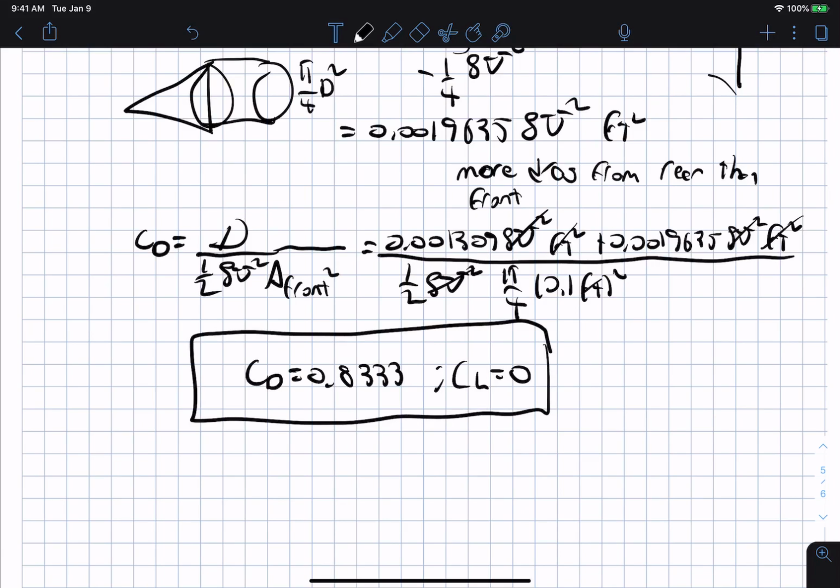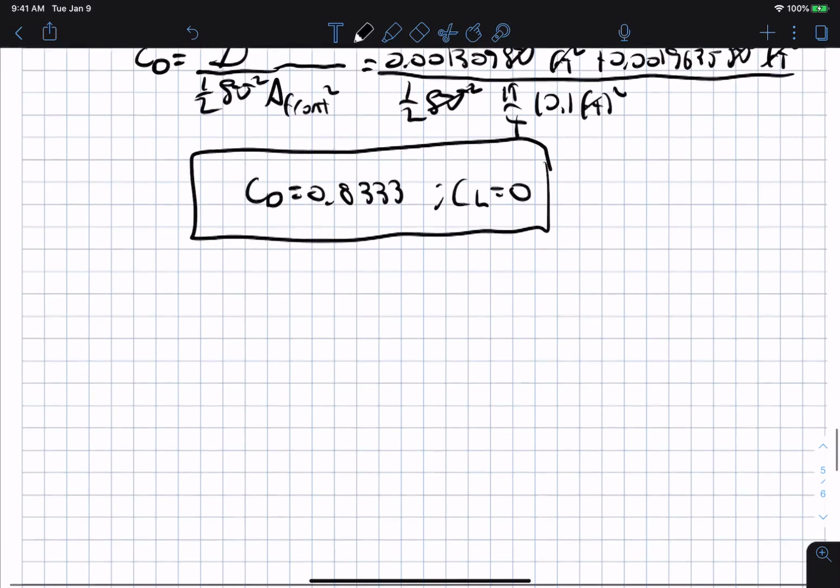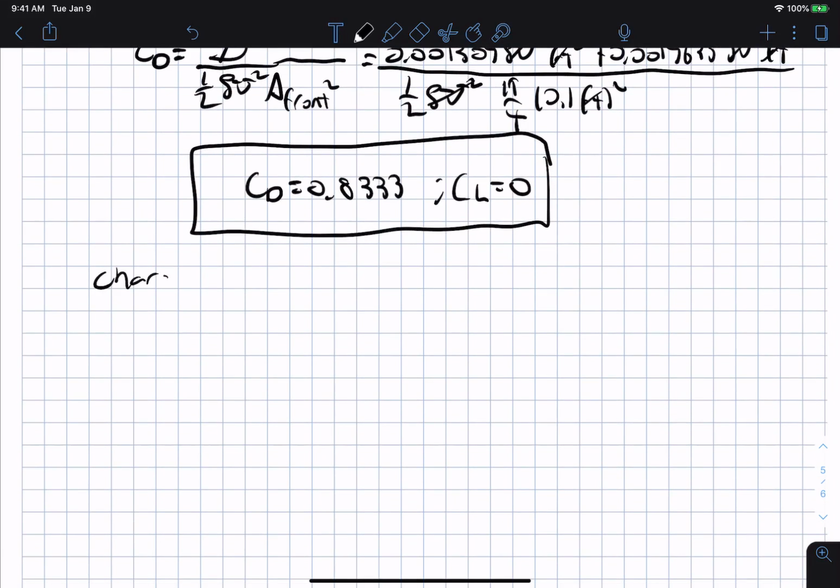Okay, so now that we've discussed the basics of the drag coefficient and the lift coefficient, we'll discuss some basic characteristics of flow past an object. Here we'll just consider some sort of 2D cylinder.